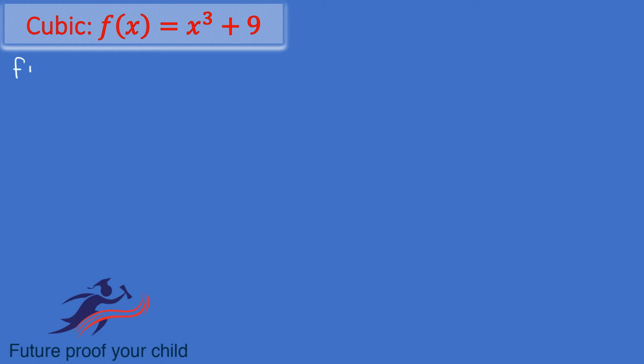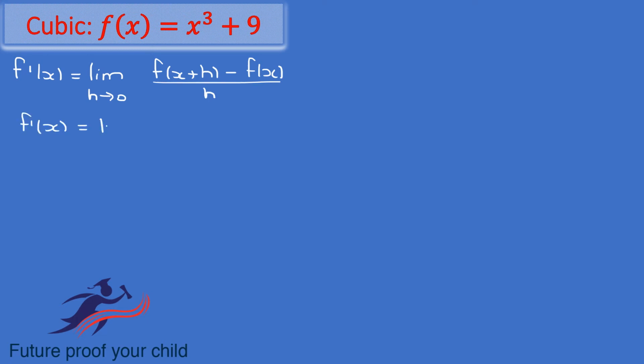So the derivative equals the limit as h approaches 0 of f of x plus h minus f of x over h. So the derivative equals the limit as h approaches 0.